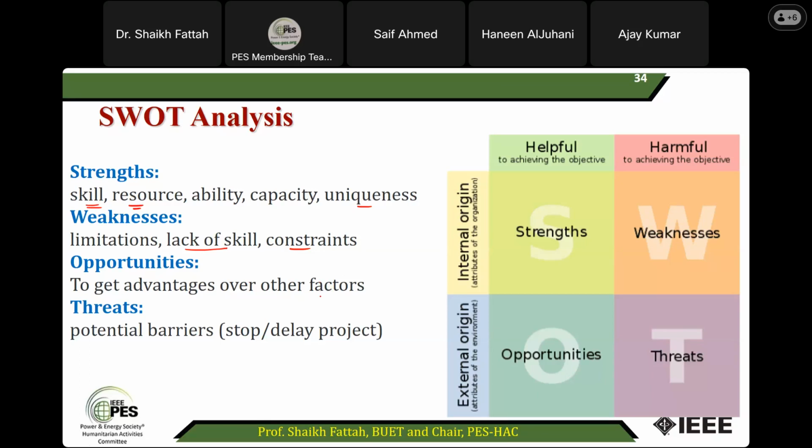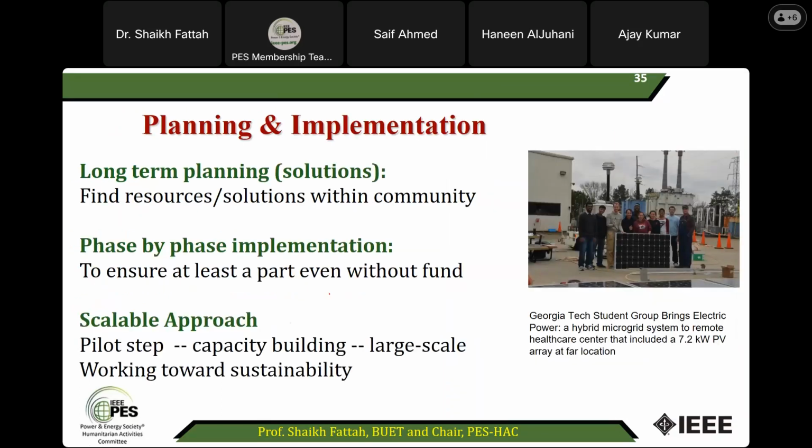So potential barrier. So you have to think, what is your strength, weakness, opportunities, threats? That's an important thing. If we plan long term, then we can understand all the loopholes and can take solutions accordingly.